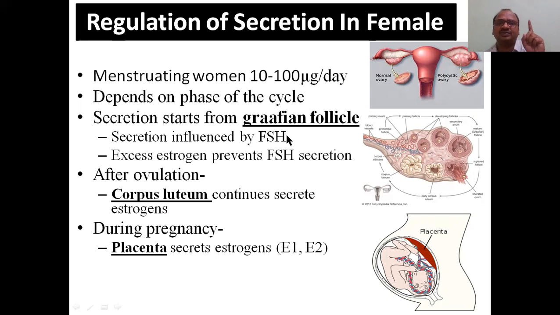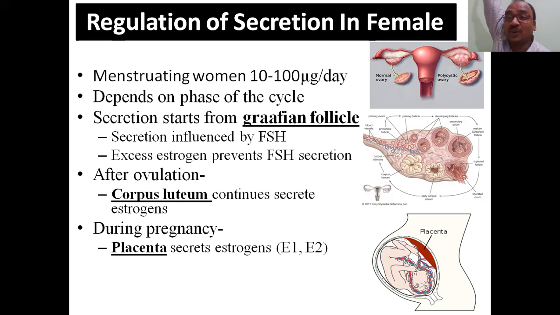Secretion always starts with the Graafian follicle. I will enlarge all these diagrams in the next slide and explain. Here you can find the Graafian follicle. Secretion is influenced by FSH. That is a very, very important point. FSH influences the secretion of estrogen.